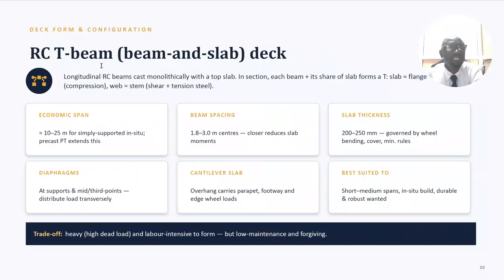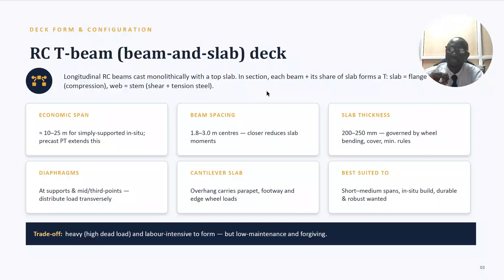Then the issue of deck form and configuration. Now we are looking at the reinforced concrete T-beams, beam and slab deck. Longitudinal reinforced concrete beam cast monolithically with the top slab. But also remember, sometimes you have precast. You have the beams designed non-composite with the deck slab, and the slab could be bearing on that.